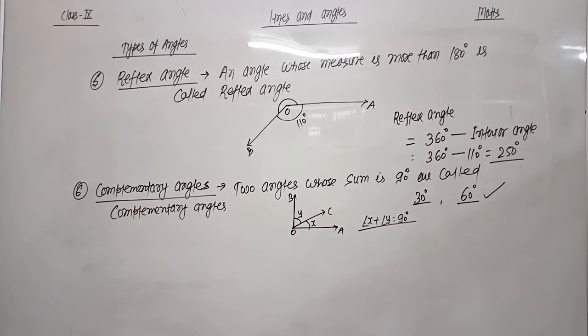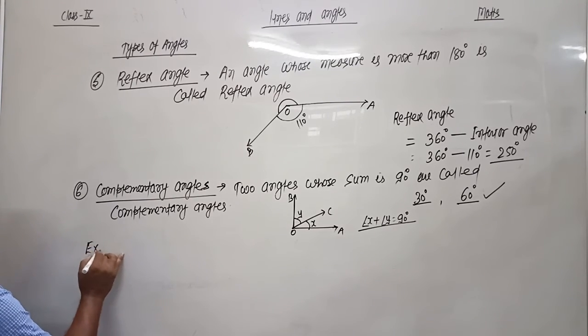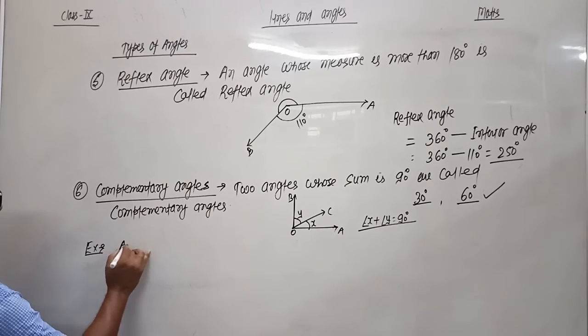Now let us do a question. An angle is 20 degree less than its complement.